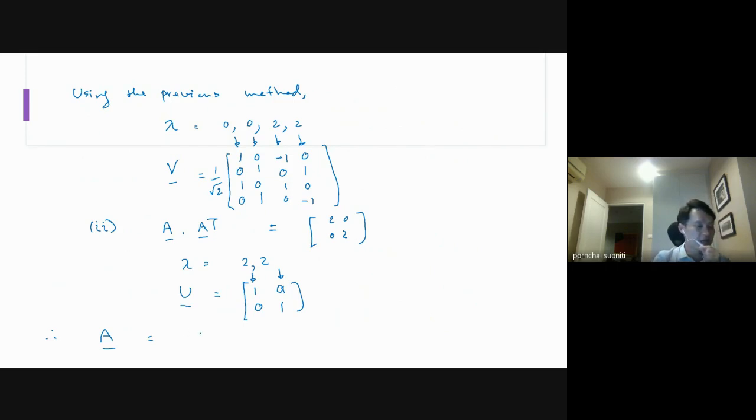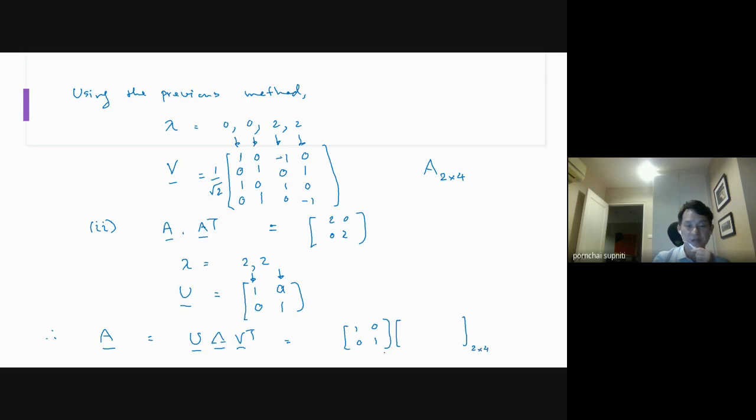So here I can have U multiplied with the eigenvalue matrix and then V transpose. So U is the 1001, and the eigenvalue matrix, because A had the size of 2 by 4, has a size of 2 by 4 as well.